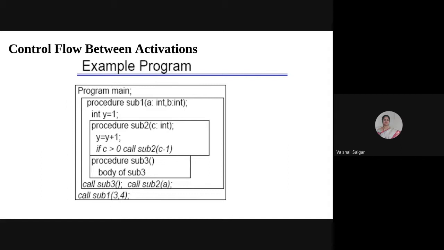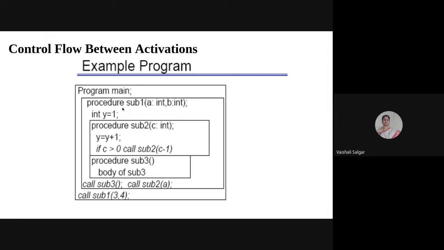Now over here, as I mentioned, there is a procedure within a procedure. This example is written in Pascal programming. In Pascal, each procedure is shown as a box: the outermost box indicates the main program.